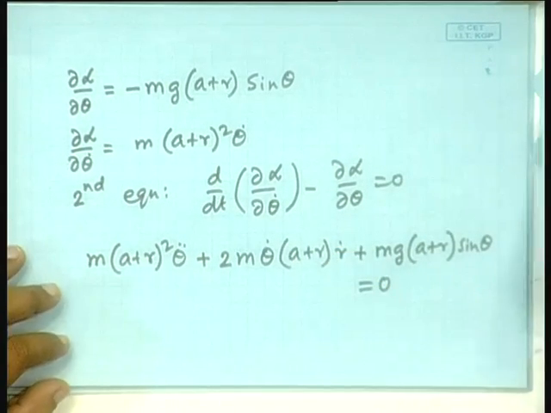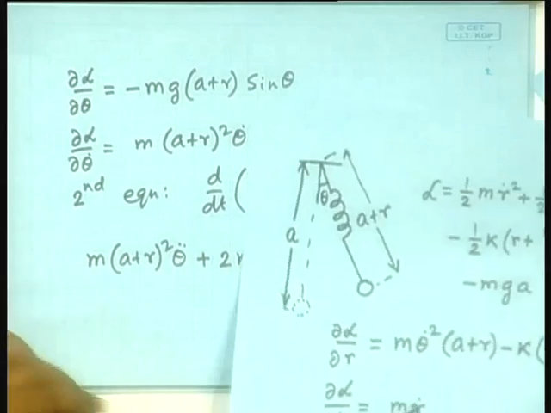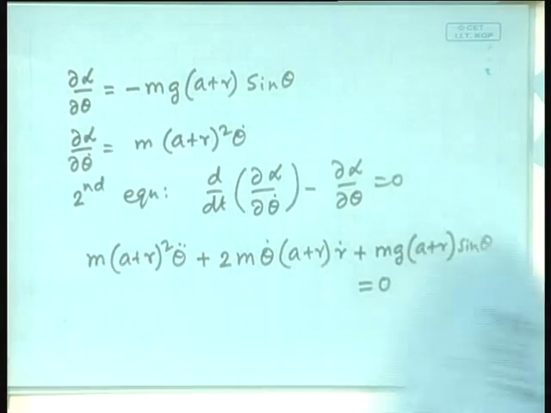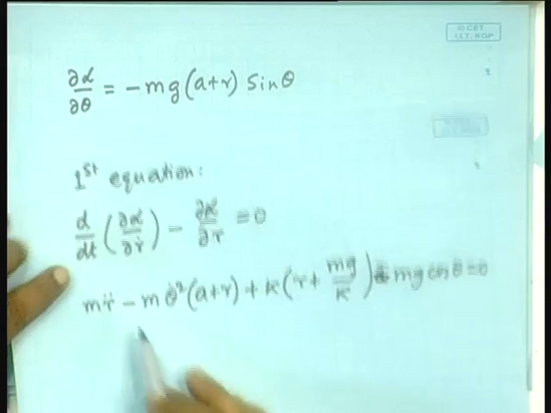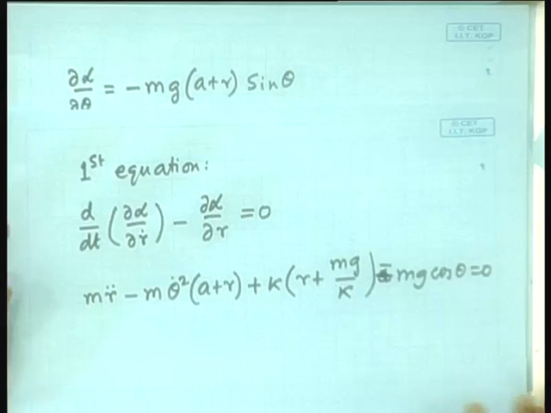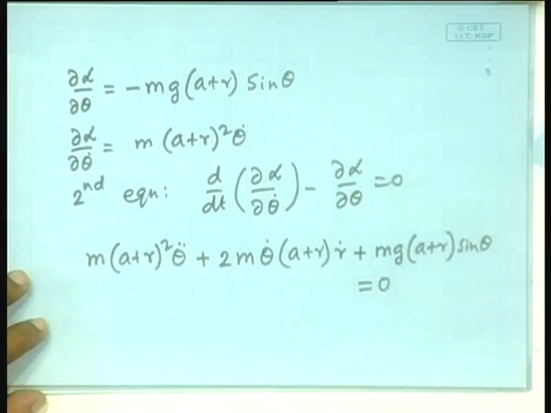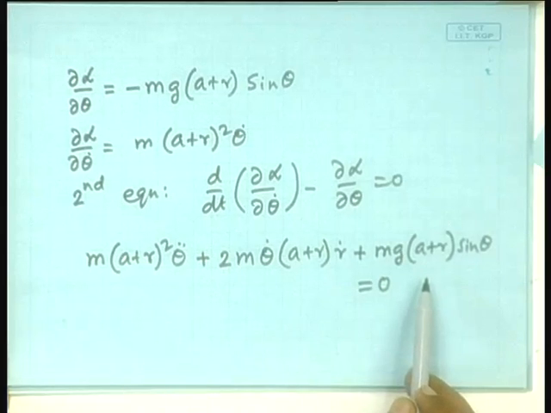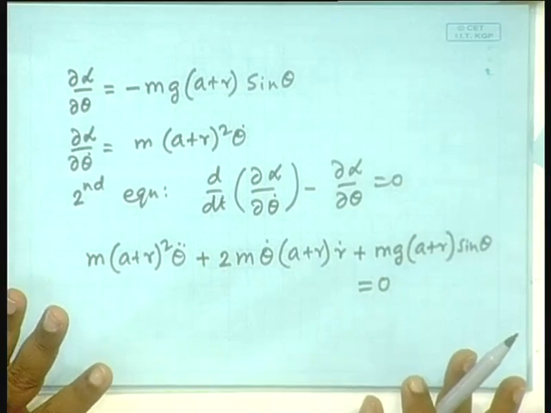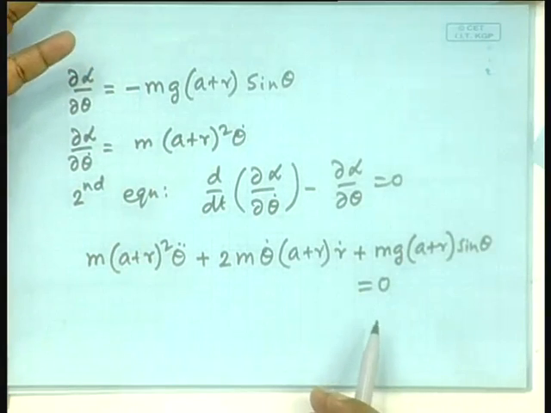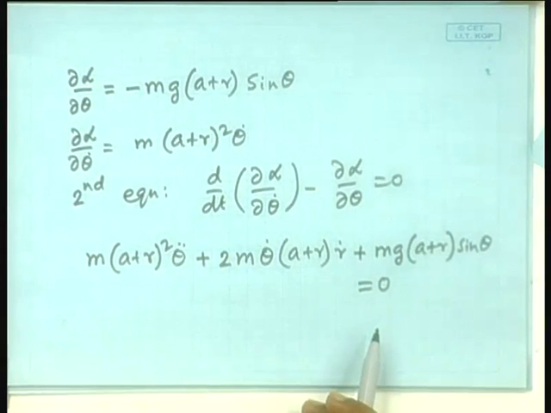So, these two are the differential equations of this system. Second equation is this, first equation was this, clear. Notice that these equations are hopelessly nonlinear. Can you see? These are not linear equations really. So, in such simple systems also you are having nonlinear equations that we will deal with later.